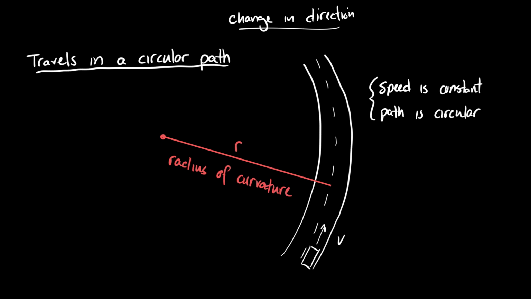Now this is a weird kind of acceleration. It's an acceleration in which the object's speed isn't changing, so we can't compare the final speed with the initial speed and divide by the time. The speed is going to be staying constant. So this kind of acceleration we call a centripetal acceleration.